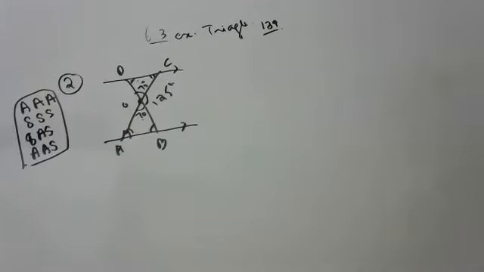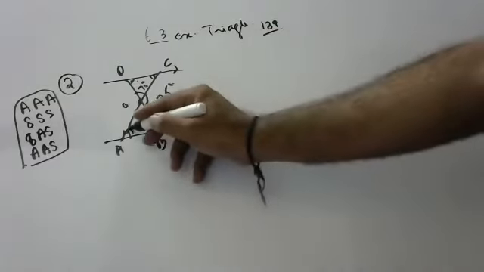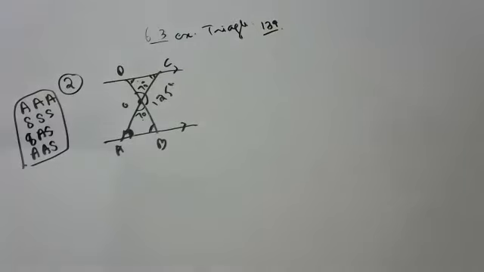So what else they have given, children? Find DOC. Find DCO. They have asked you to find DCO also, and OAB also. 125 degrees they have given, children. Please check all of it. So if this is 70 degrees, this is 70 degrees.